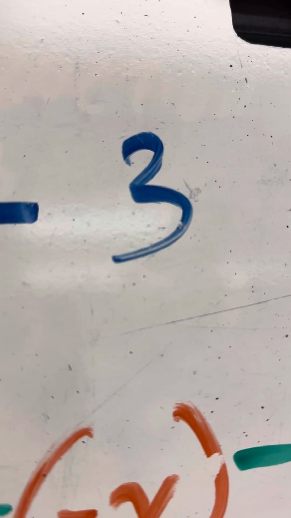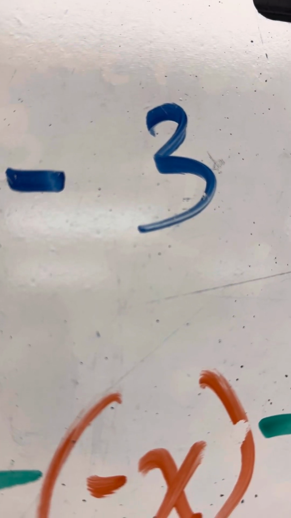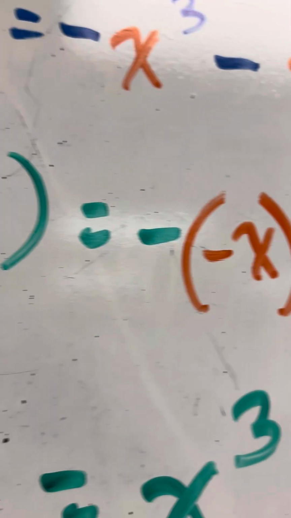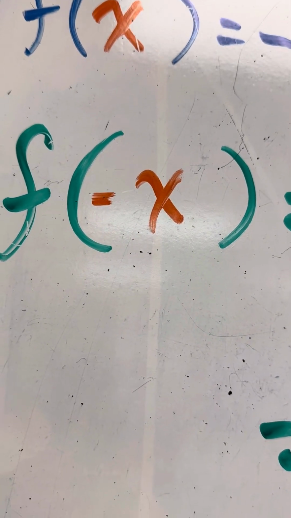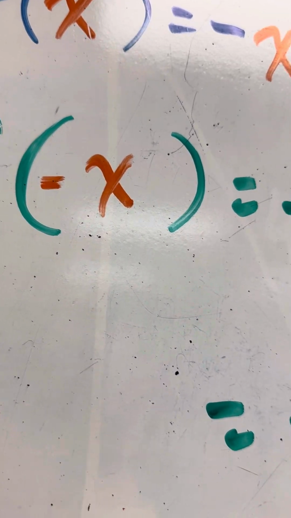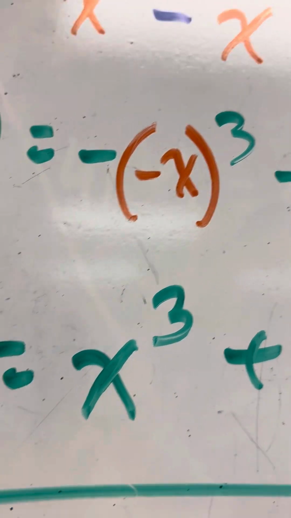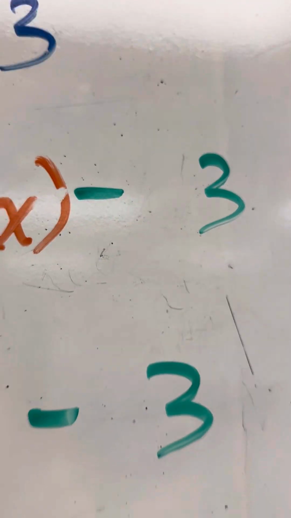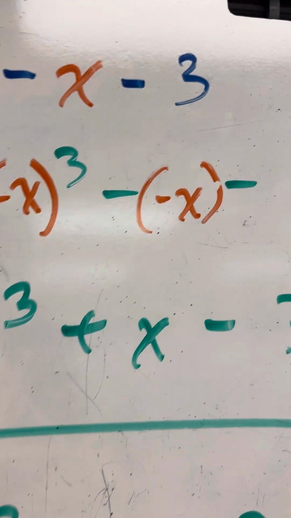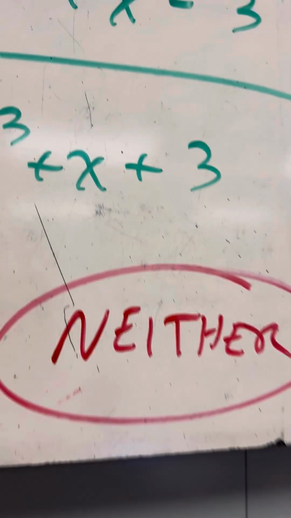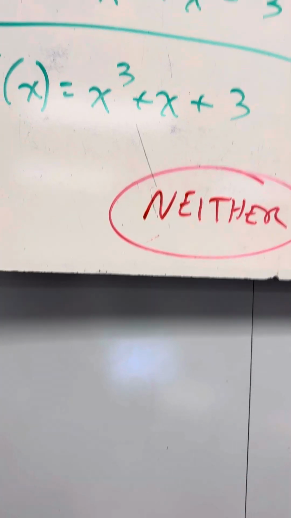That means it won't flip when you do f of negative x, because when you're doing f of negative x, it winds up flipping because of that negative, but there's no x value after the 3, meaning that's going to stay the same. So when you have a number all by itself like that, it's probably going to be neither.